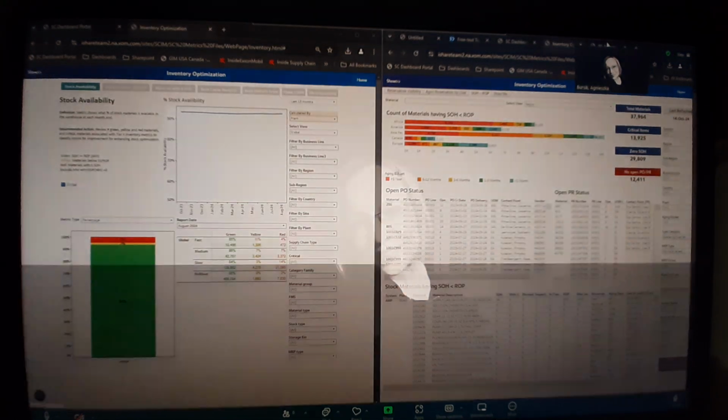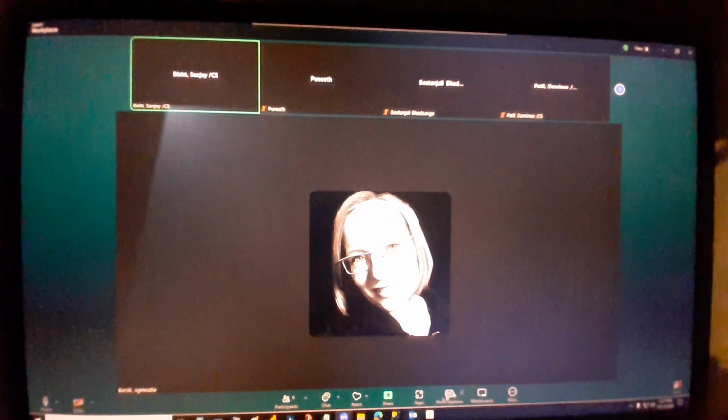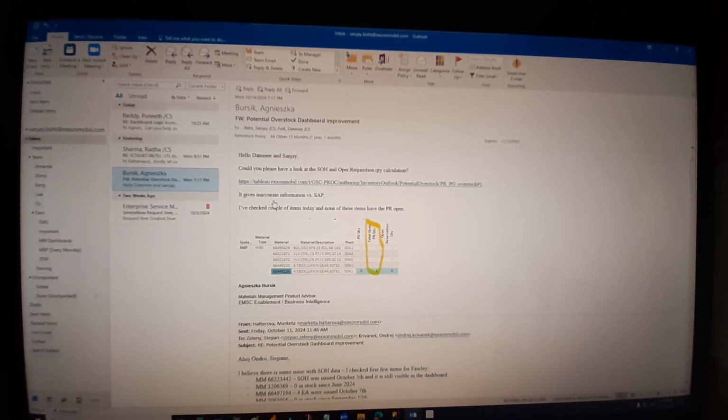Hi. So you shared a mail to me and Damini regarding the inventory outlook dashboard, with data giving inaccurate information versus SAP. Sorry, I didn't hear what you were saying, there was an interruption.